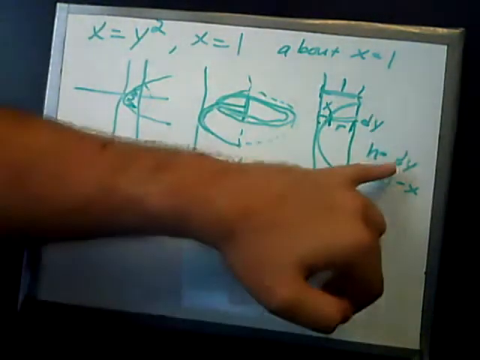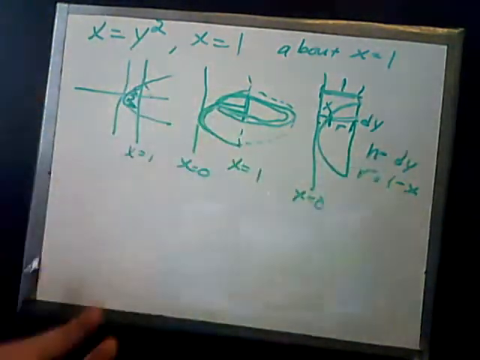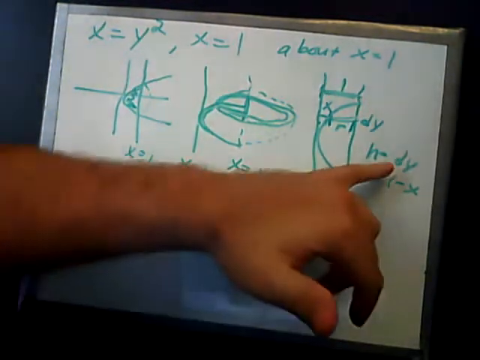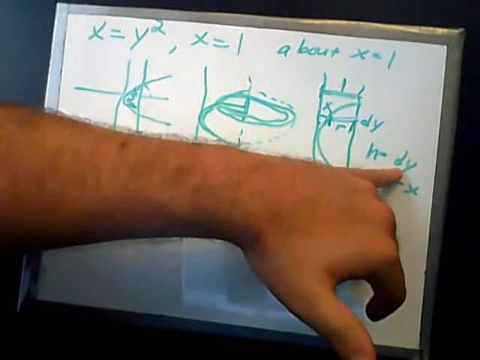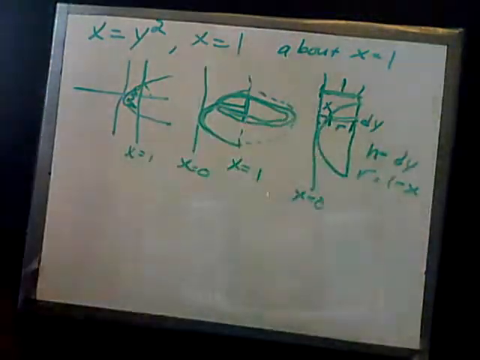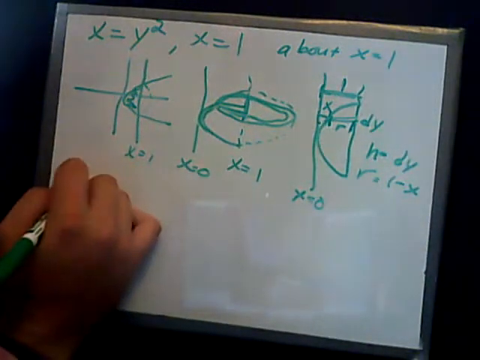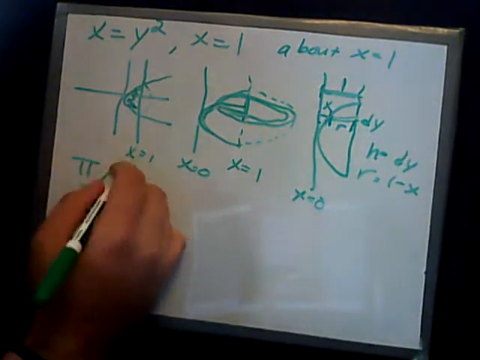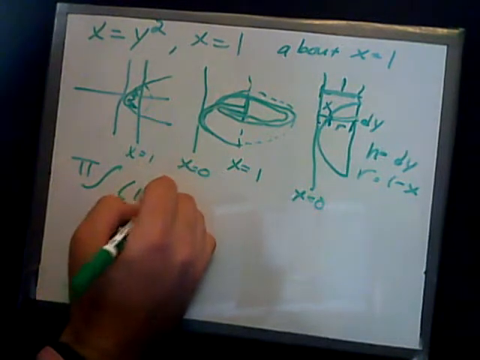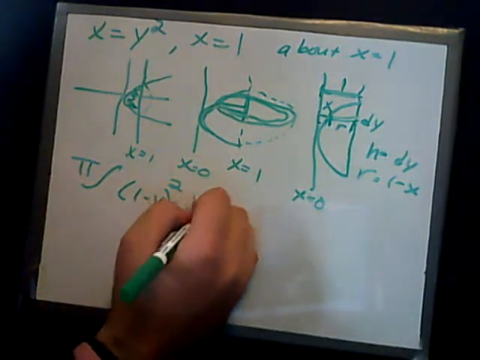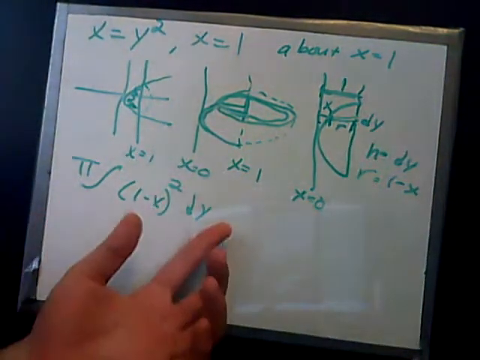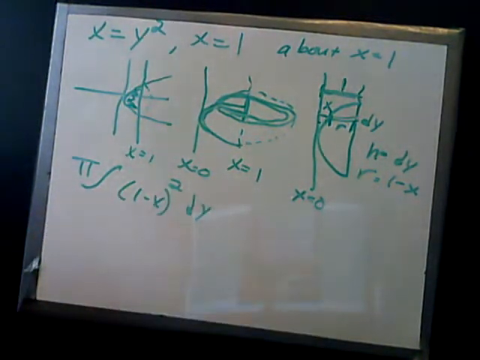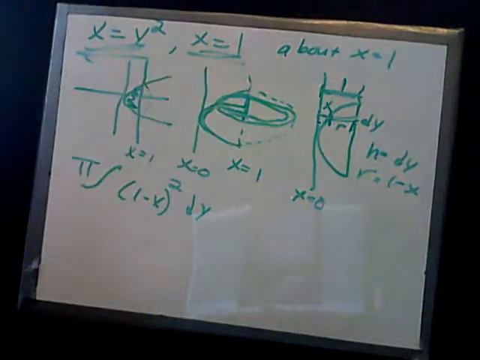Now that we have r and h, we just need to figure out our bounds. Since we have dy as our height, that means we need to integrate pi times r, which is 1 minus x, squared, and then we have height as dy. We need to integrate across values of y. The easiest way to do that is to take our two lines and set them equal to each other.